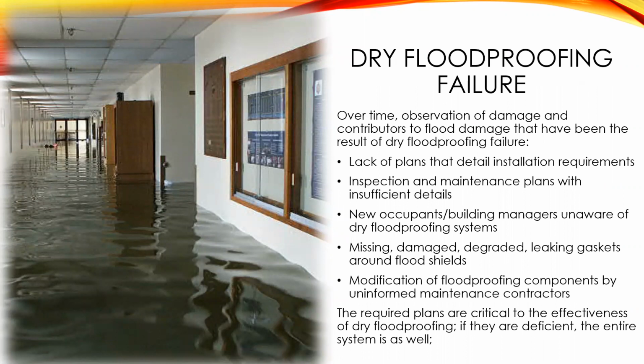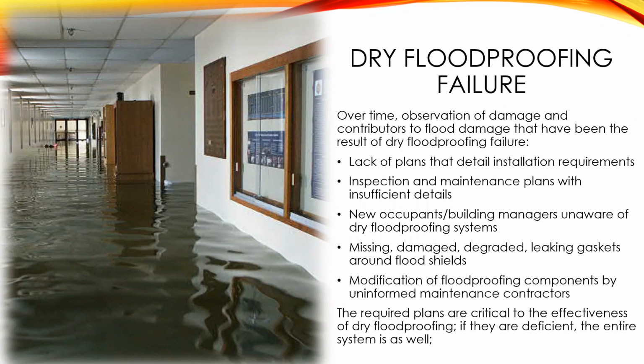And so FEMA has added this section into the new Technical Bulletin 3 on what has contributed to dry floodproofing failure over the years, probably to try to warn people against what some of the major issues have been, such as lack of detailed plans that have all of the installation instructions and the requirements, inspection and maintenance that doesn't have enough detail.